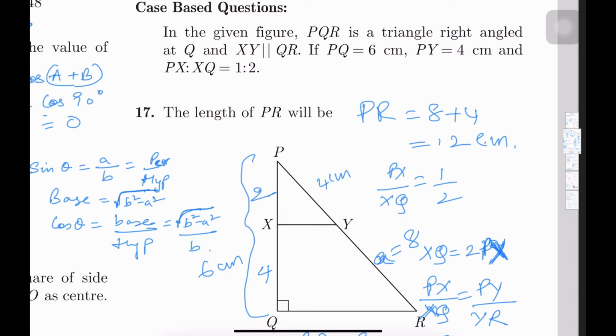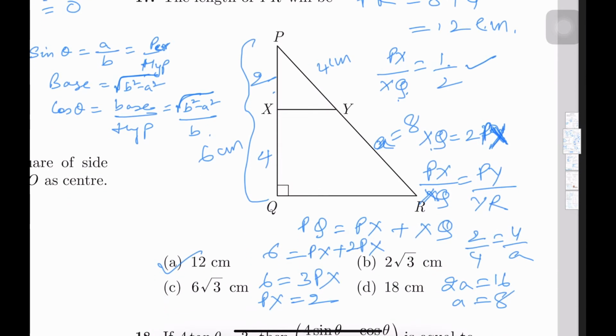Here it is given that PX by XQ is equal to 1 by 2, so XQ can be written as 2 times PX. Now PQ is equal to PX plus XQ, and XQ is equal to 2PX.